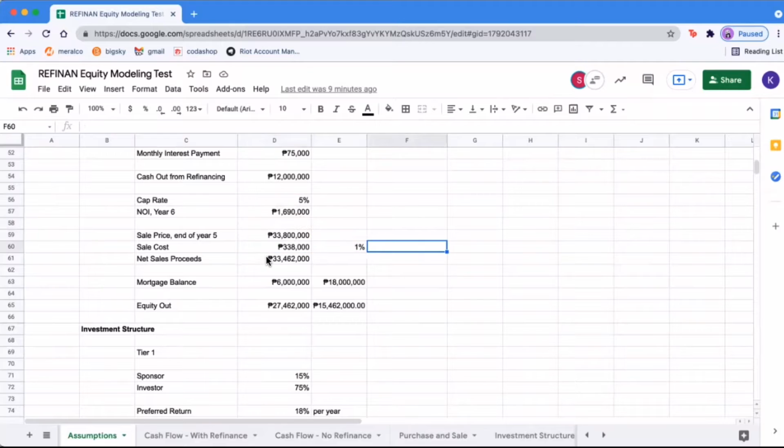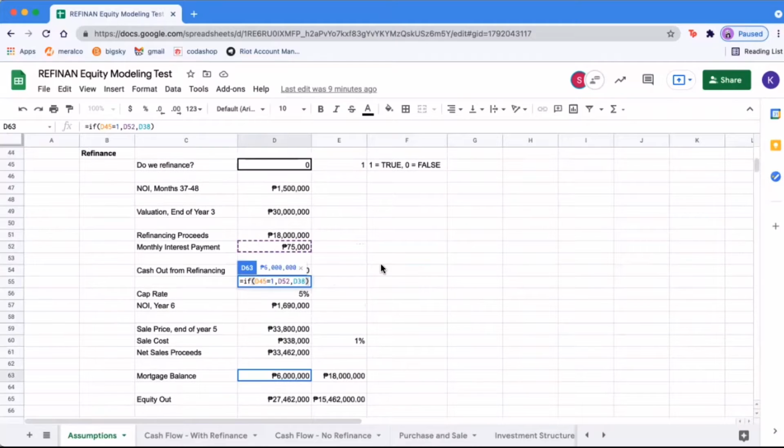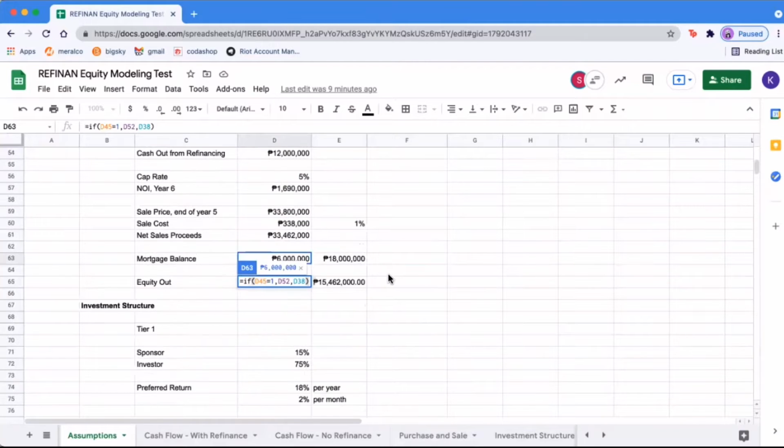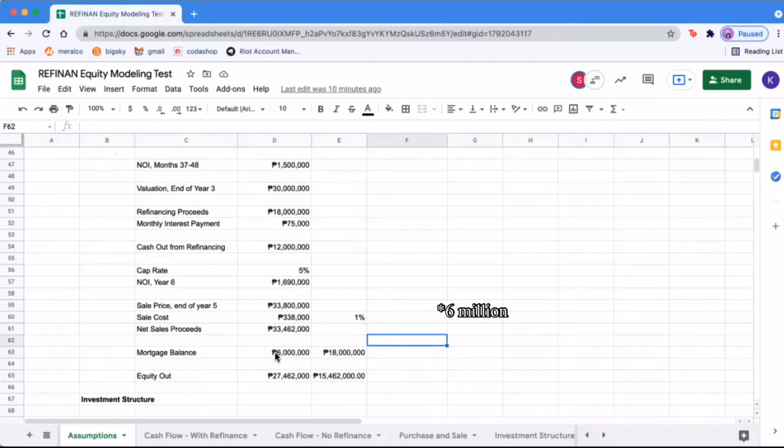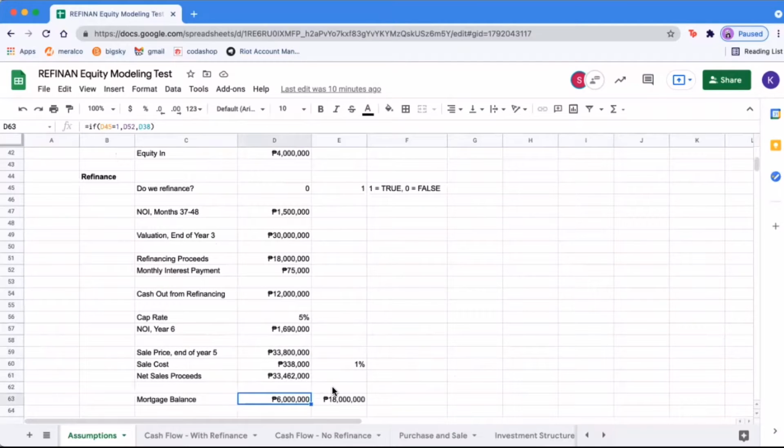Net sales proceeds is the sales price in year 5 subtracted by sales cost. And then for mortgage balance, we also followed the formula given in the video. We formatted the if. The 6% came from the no refinance, and then for the 18 million, it's with refinance.